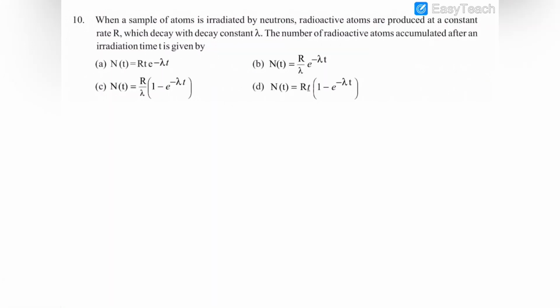In this question, it is given that a sample of radioactive atoms are produced when atoms are irradiated by neutrons.